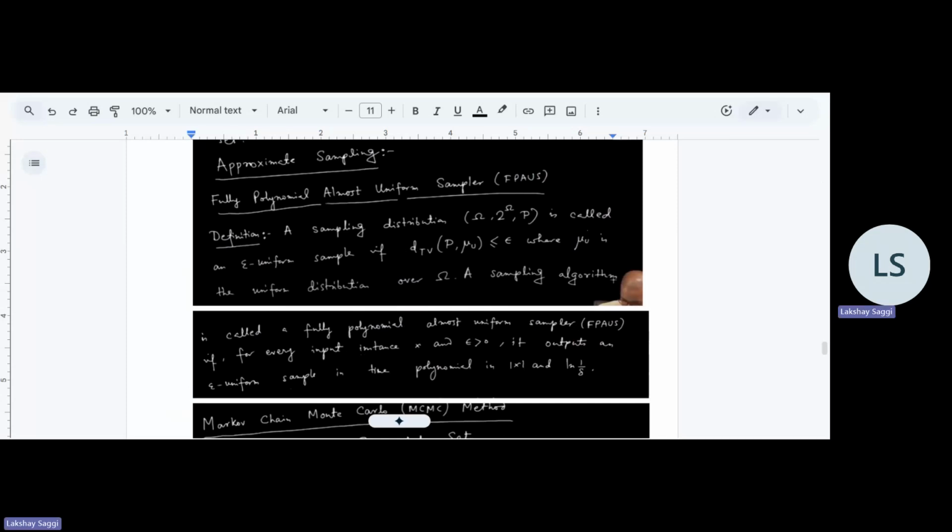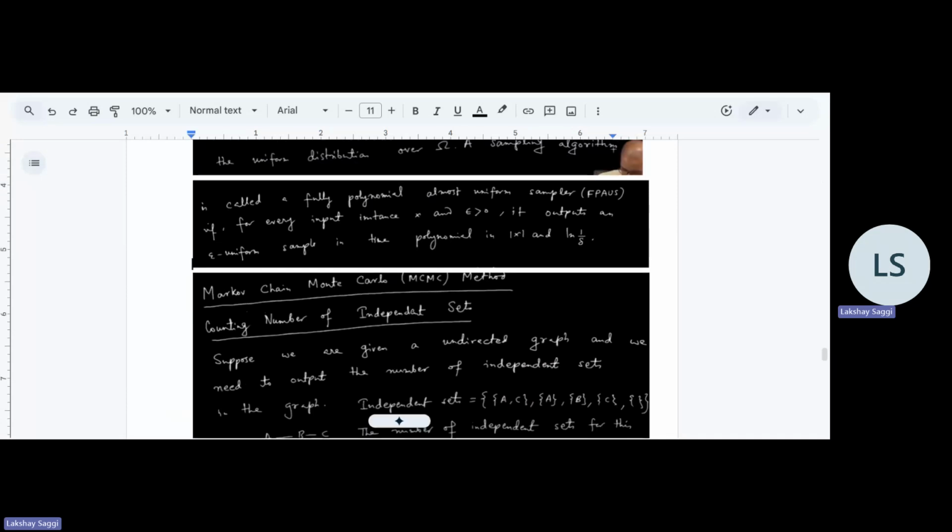Then our sampling distribution is called an epsilon uniform distribution.